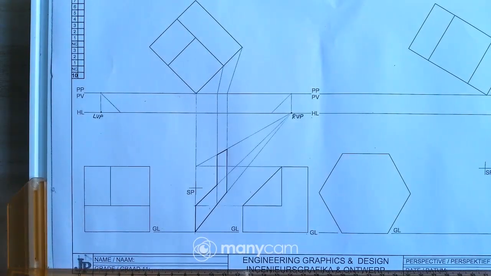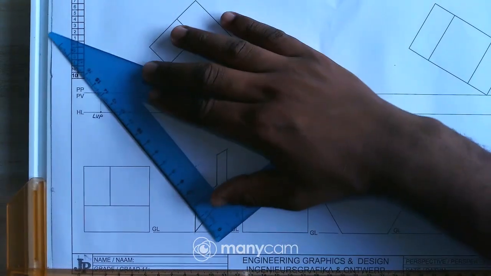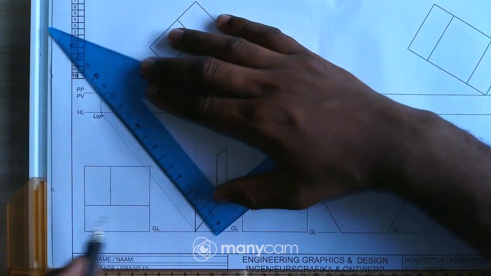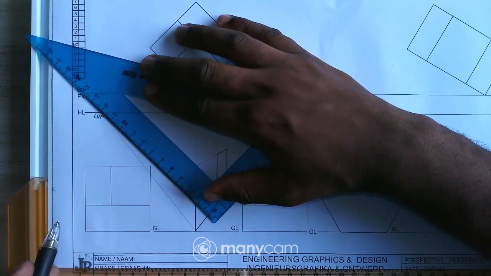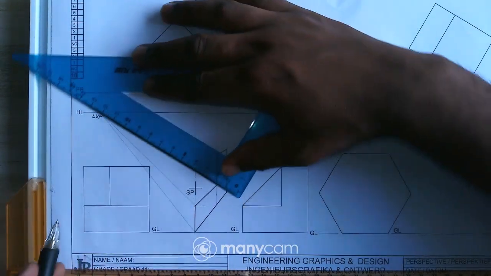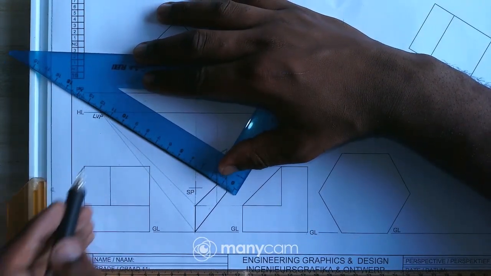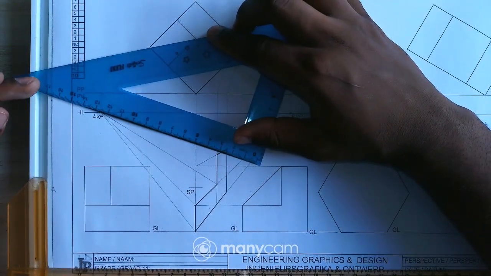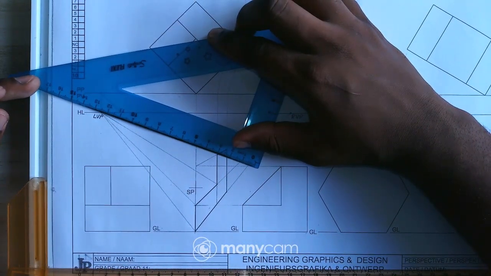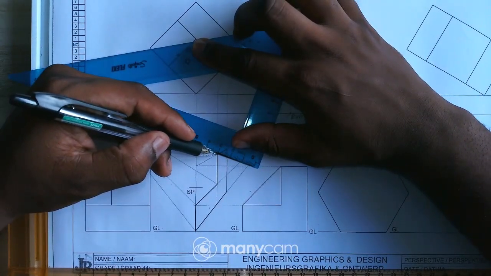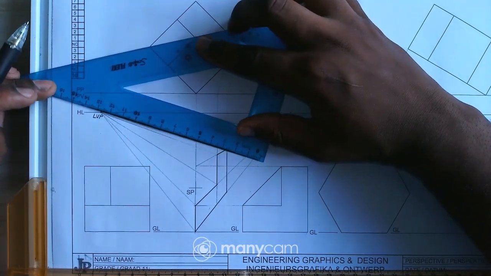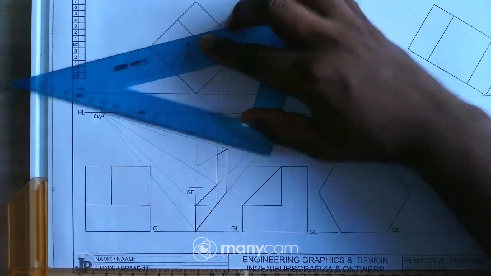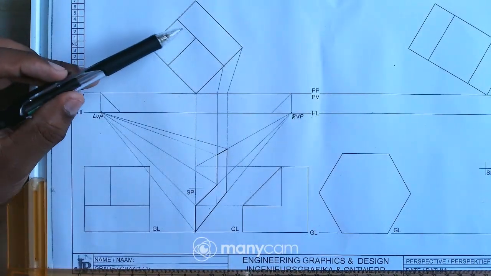So I'll have to project those points to the LVP, just like that, and that point there to the LVP, and those 2 points up there. I have to project this point to the LVP, this point to the LVP. Okay, so you see the points from the top view.